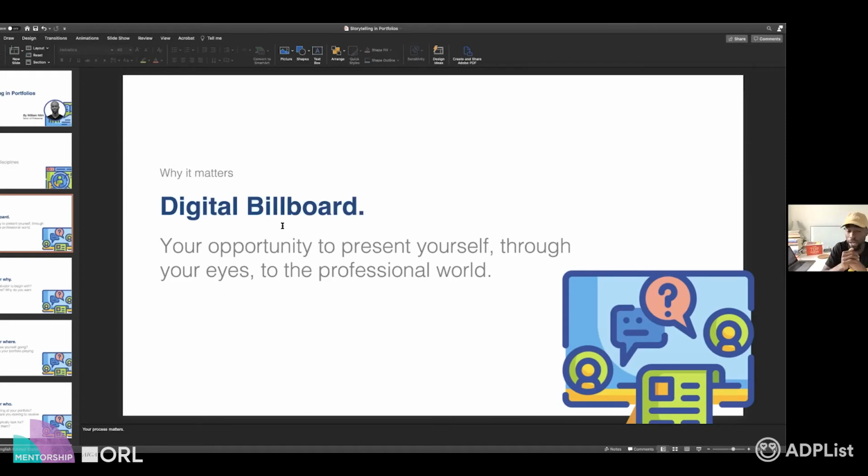So you could have incredible UX skills or UI skills, but you may not be a fit for a role. That's the hard truth. So the digital billboard aspect of your portfolio is very important. Once you understand that, hey, this is the greatest way I can really tell my story, I think it puts you in a good mindset to dig in and get to work.